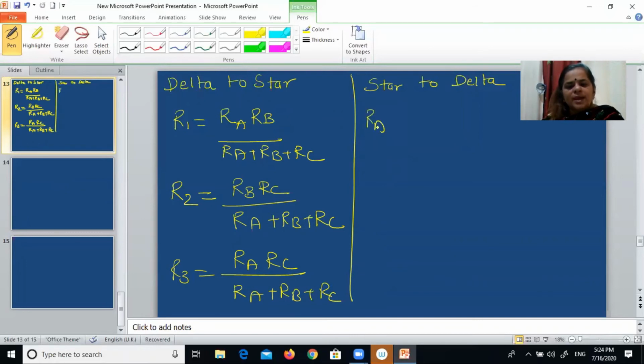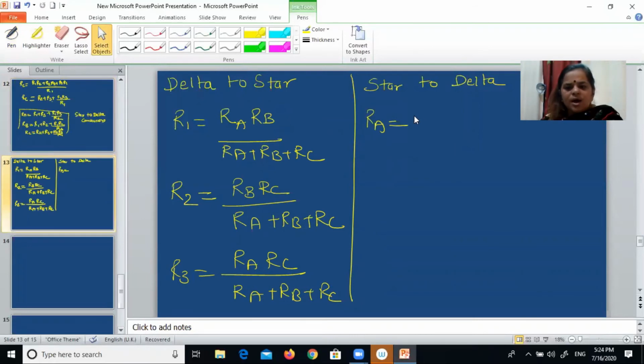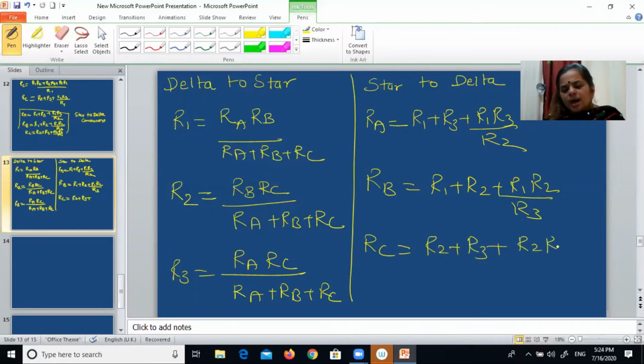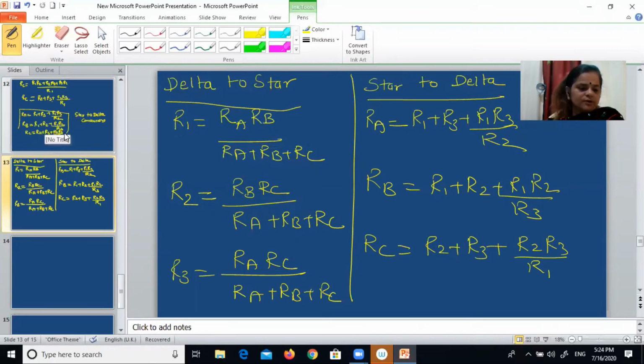Now similarly, RA was R1 plus R3 plus R1 R3 divided by R2, RB was R1 plus R2 plus R1 R2 divided by R3, and RC was R2 plus R3 plus R2 R3 divided by R1. So this is star to delta conversion, and the earlier one is delta to star conversion.